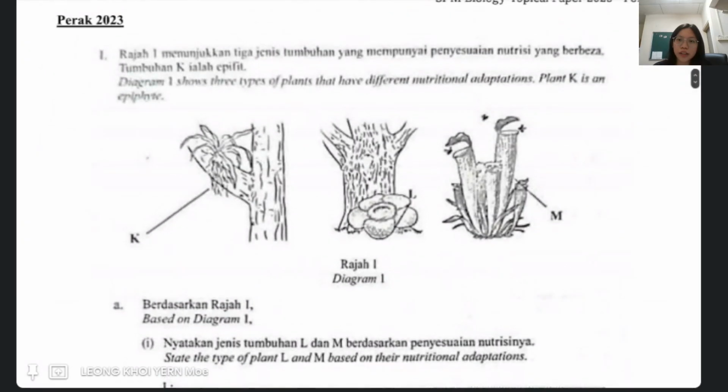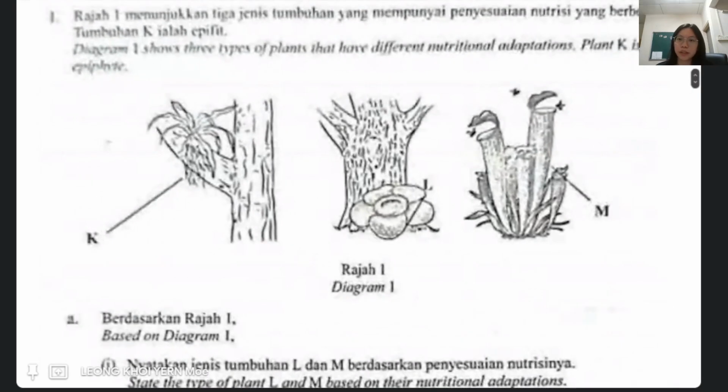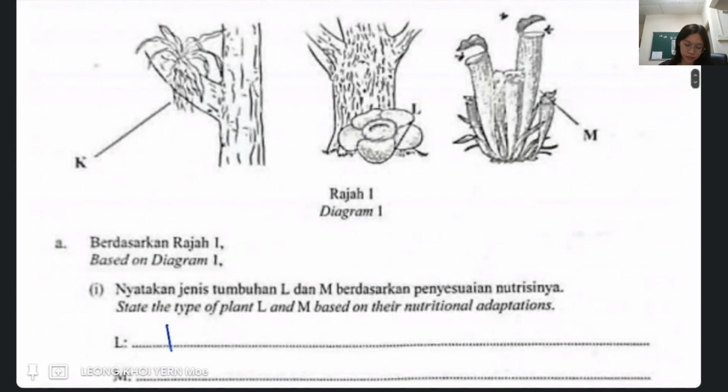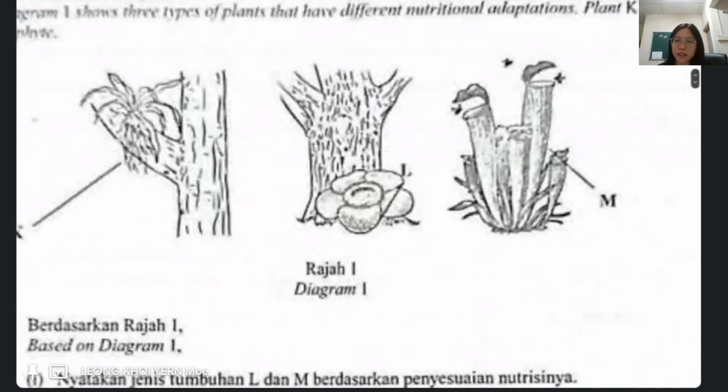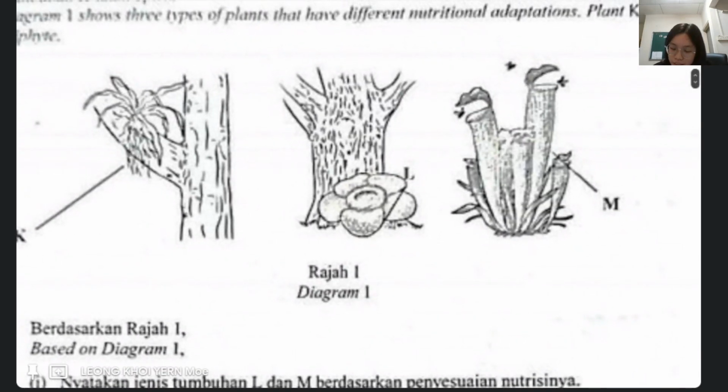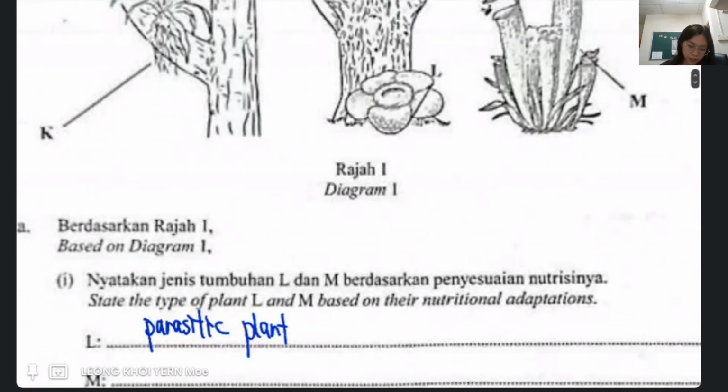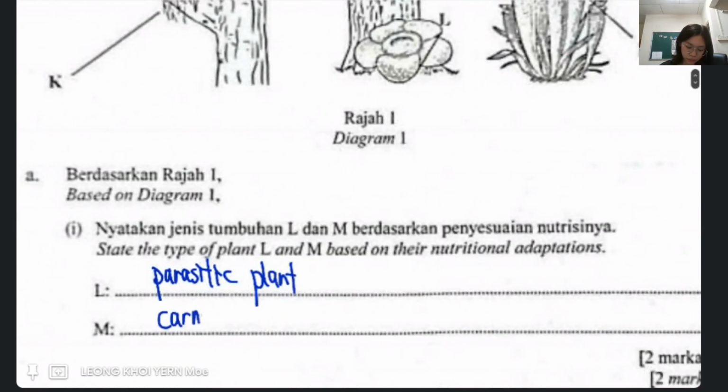Now let's take a look at this one. State the type of plant L and M based on their nutritional adaptation. So I know this picture a bit. This L is basically a parasitic plant, a rafflesia. And for plant M, you can see there's a fly right there and it gets trapped soon, right? So it is basically a carnivorous plant. What about K?